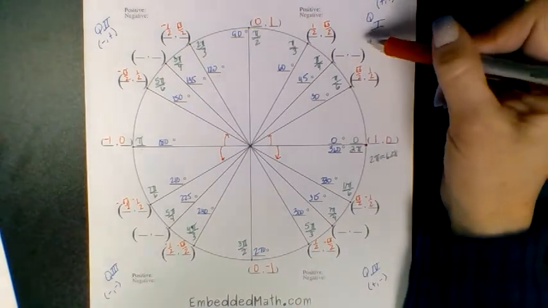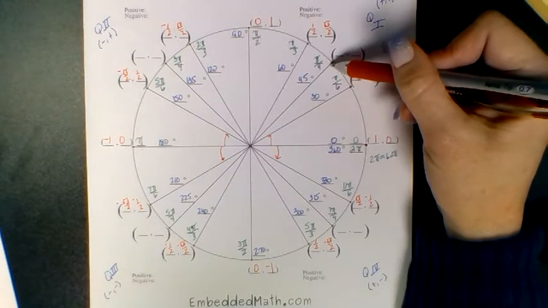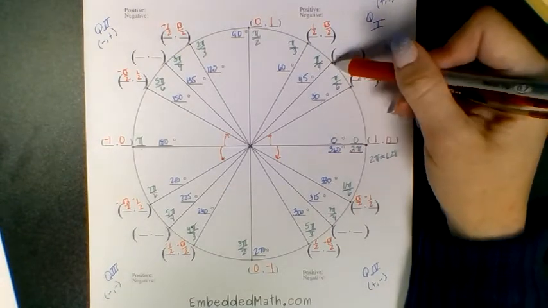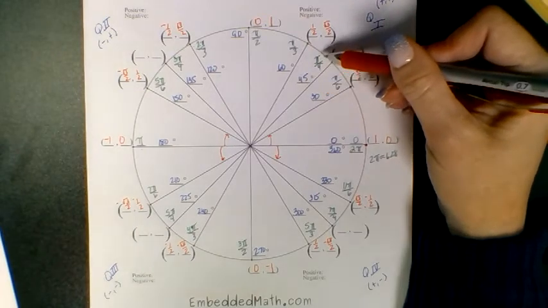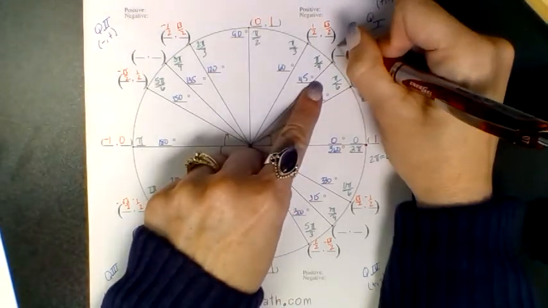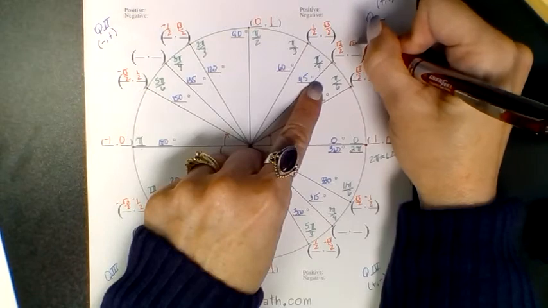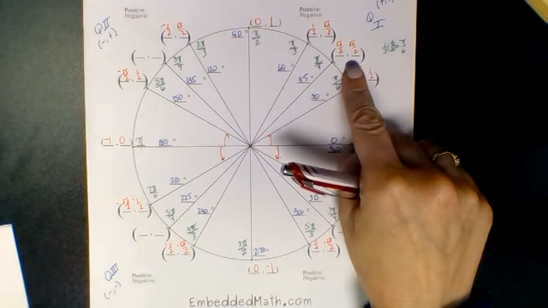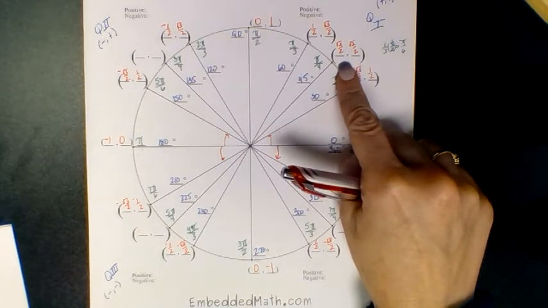The other coordinate pair that we have to remember is for our 45-degree reference angles. The x and y coordinates are the same for our 45-degree or pi-fourth reference angle. It's going to be square root 2 over 2, square root 2 over 2. X and y coordinates are exactly the same, depending on whether one is positive, one is negative in various quadrants.